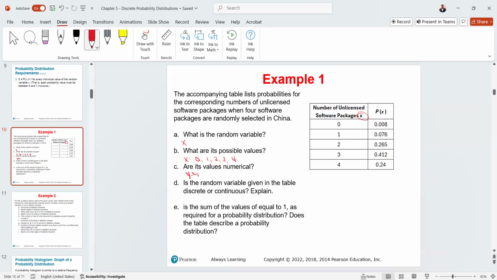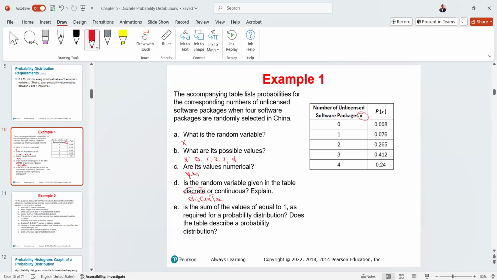And of course, I told you that in this chapter we're going to deal only with discrete probability. So it is discrete. The random variable is discrete if it has a finite number of values or a countable number of values.